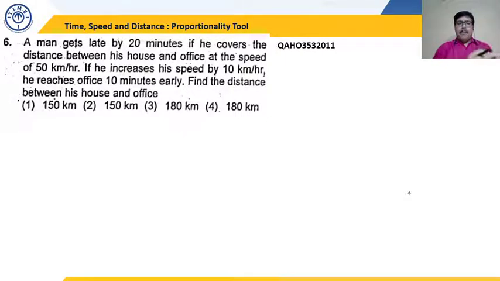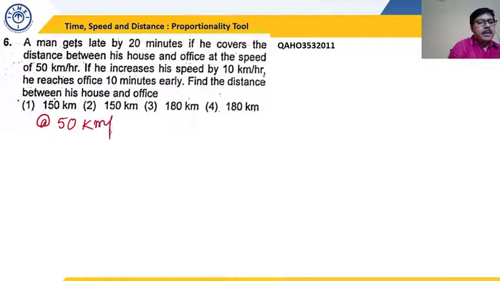A man gets late by 20 minutes. He covered the distance between his house and the office at the rate of 50 km per hour. So at the rate of 50 km per hour, he is getting how much late? 20 minutes late.